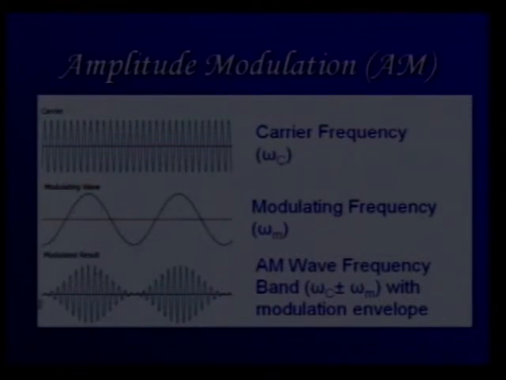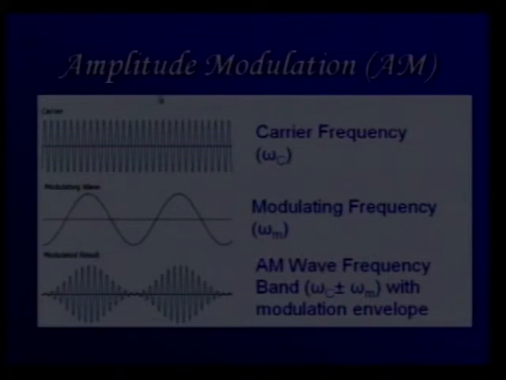So essentially we are generating an envelope to this particular carrier signal, which is dependent on the amplitude of our modulating signal. This is the basic signal, how it looks.